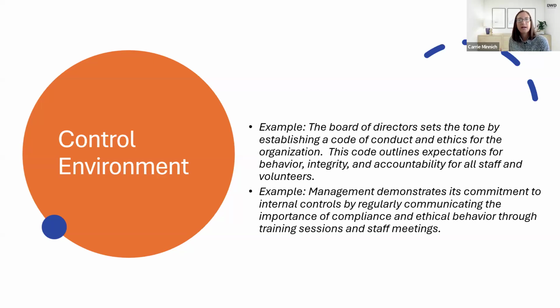So this can be done by outlining a code of conduct, an ethics policy, making sure that everyone within an organization is aware of that policy, has a copy of that, and also that your management, your CEO, your executive director, and your board of directors are applying that, that they are living this code of conduct or ethics. Because if they are not providing the example, then the staff, volunteers, other people are going to follow their lead.